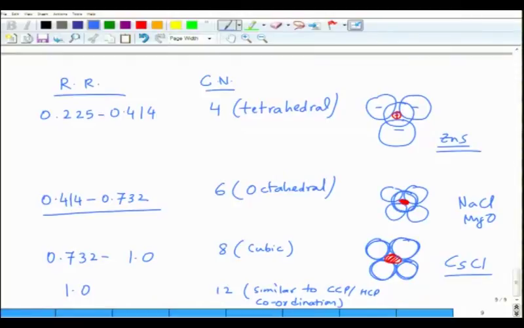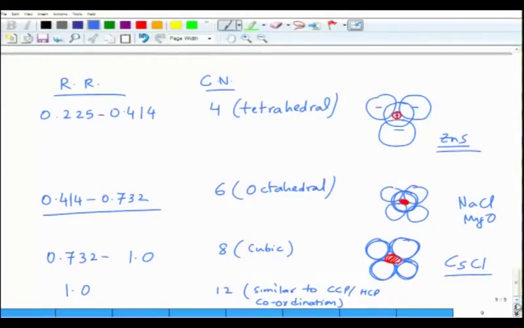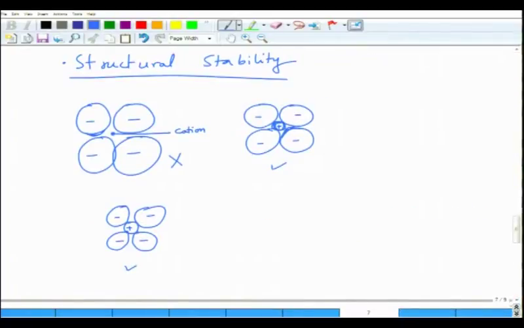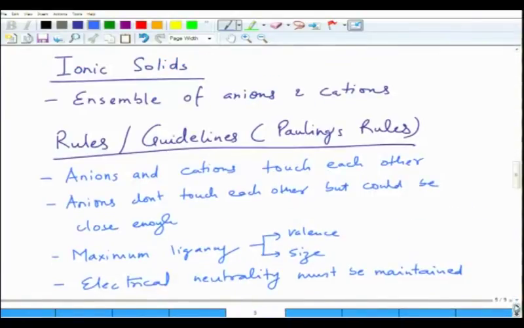Okay. So these are the guidelines for radius ratios, which give you certain configurations that are energetically stable. The guidelines tell you that anions and cations touch each other, anions do not touch but generally should be close enough, and you should have maximum ligancy to minimize the electrostatic energy.